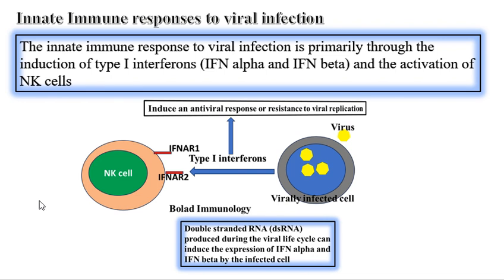These are induced during double-stranded RNA production, and this can induce expression of type 1 interferons by the infected cell. These interferons have receptors on other cells, for example, natural killer cells.